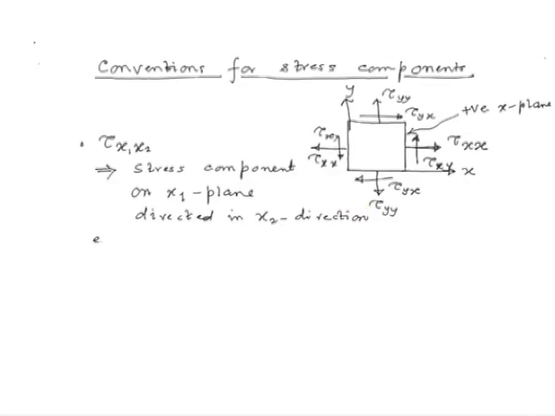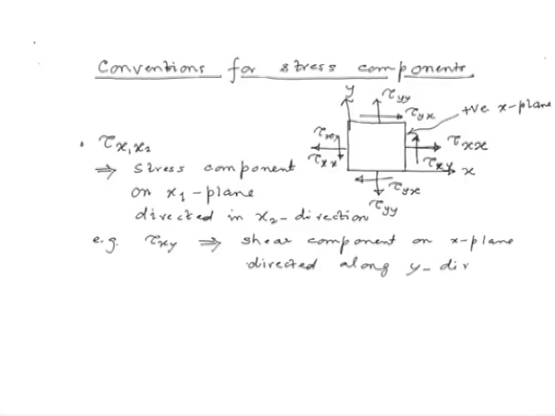For example, if we say tau xy, this denotes the shear component on the x plane directed along the y direction. So, this is about the subscript notation which we use to identify different components.